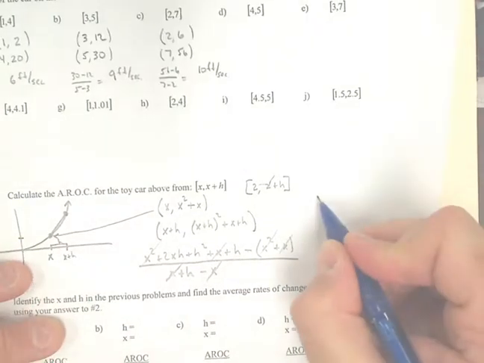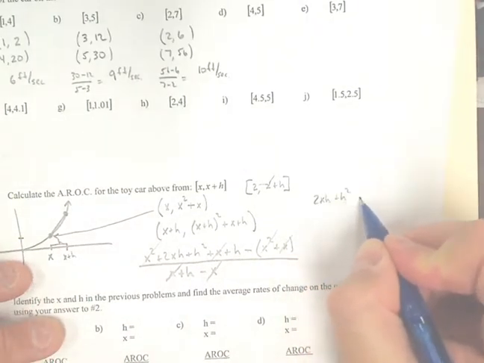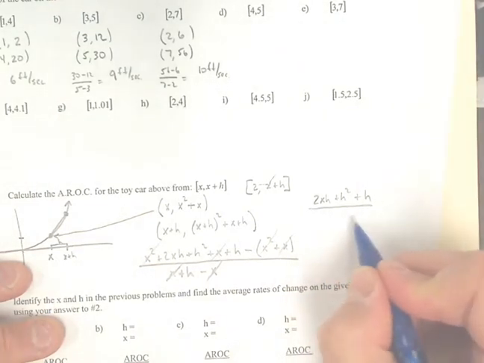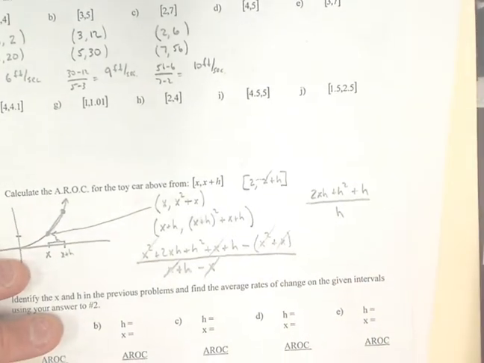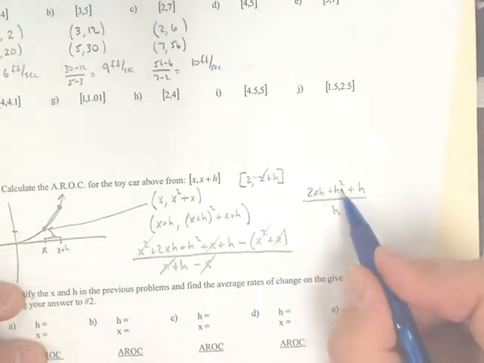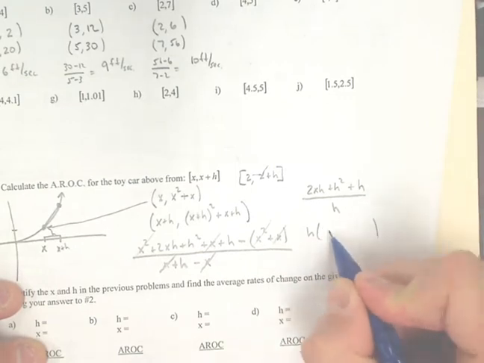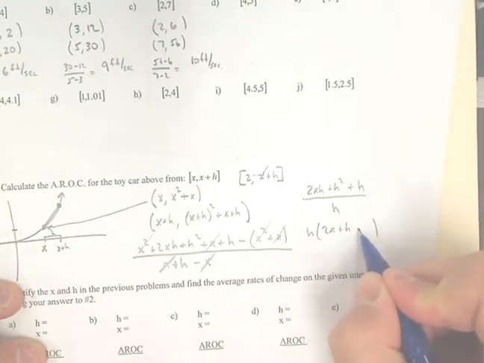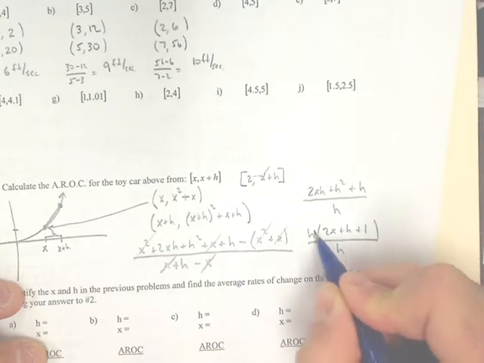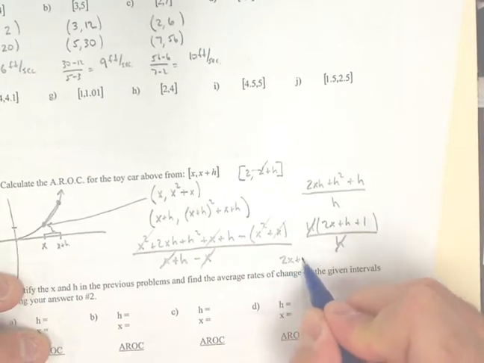So if I were to write everything that's left over, I'd have those things on top and still an h on the bottom. At this point, we need that h to cancel, and you'll notice all three things that are left up there can be factored. You can pull an h out of them, which would leave behind this inside the parentheses. These h's cancel. So what's left over is this expression.